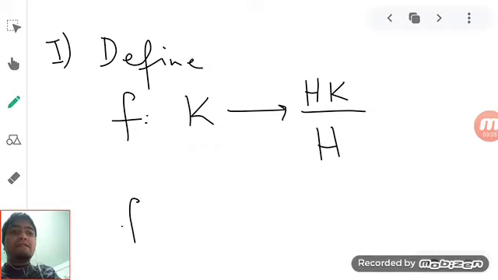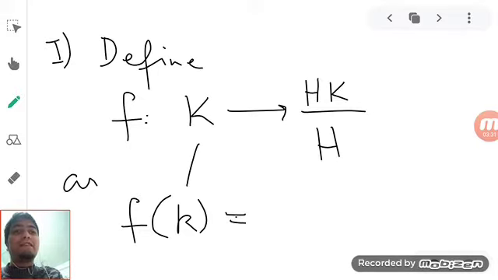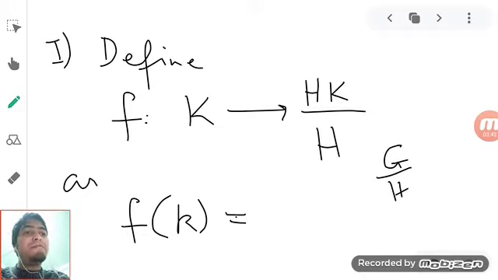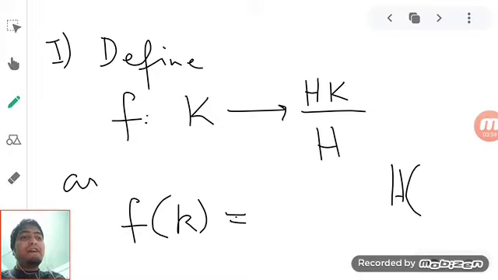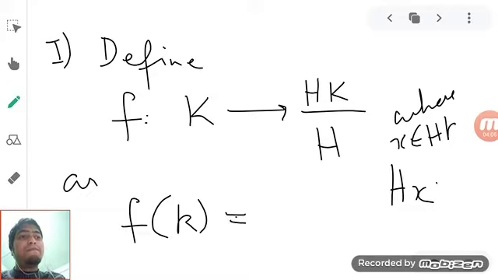So this function, define it as f(k). It takes an element k which belongs to K. It will have to be an element of HK over H. So how does an element of G by H look? If you remember, an element of G by H looks like Hg, where g belongs to G. So similarly, an element of HK over H will look like Hx, where x belongs to HK.